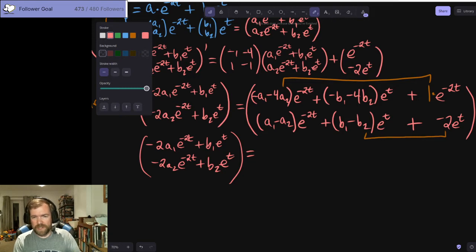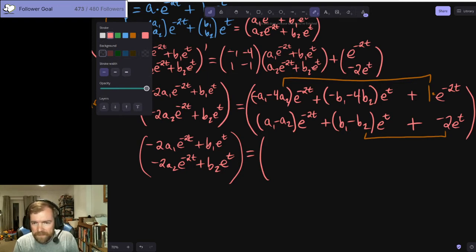So in this particular case, again, yeah, 100%. We're just going to take our stuff that has e to the negative 2t and deal with it, and stuff that has e to the t and deal with it, because there's no possible way for you to get a constant multiplied by e to the t to come up with e to the negative 2t. It's just not going to happen.